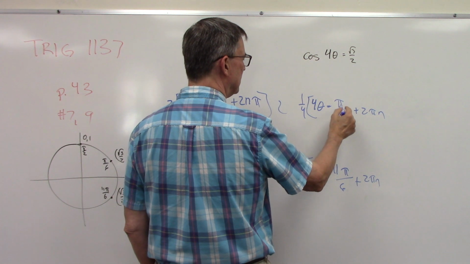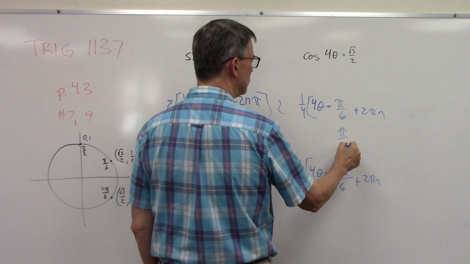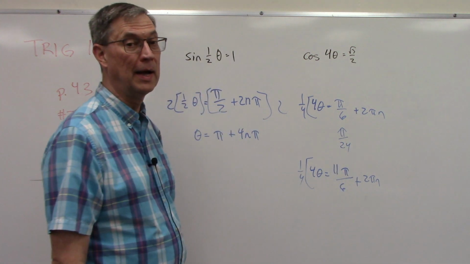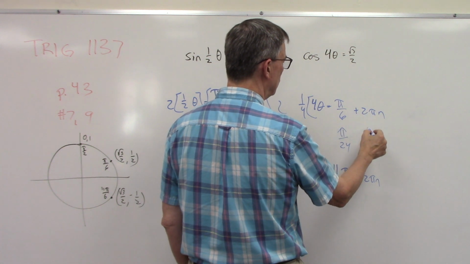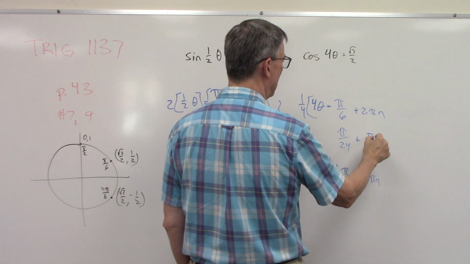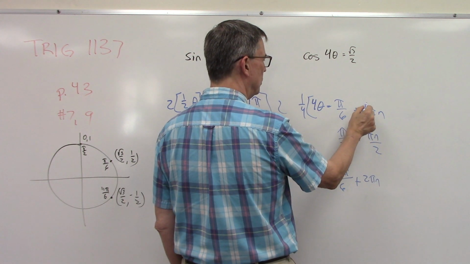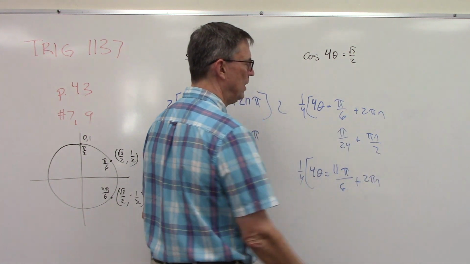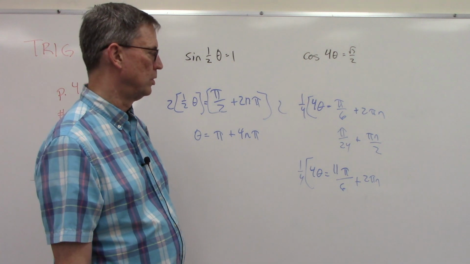But then this is going to become pi over 4 times 6, which is 24. Aha! And then 1/4 times 2 is going to turn that into just pi n over 2, because the 2 on the top will cancel against the 4, and I'll have plus n pi over 2.